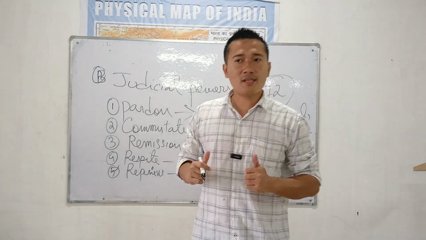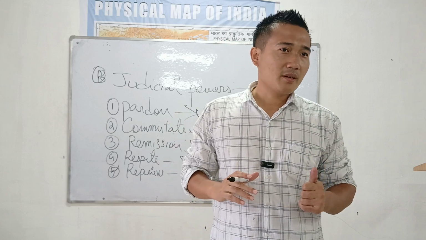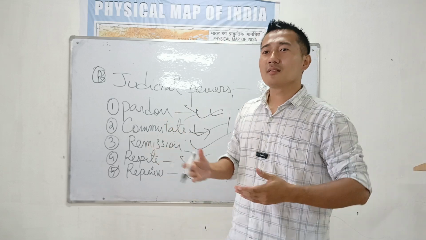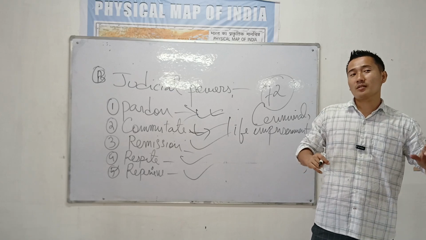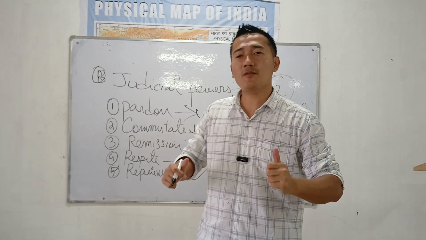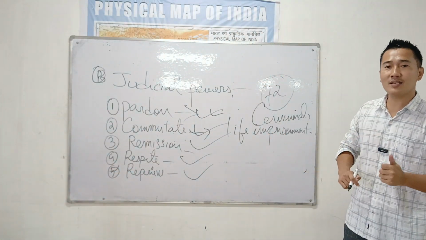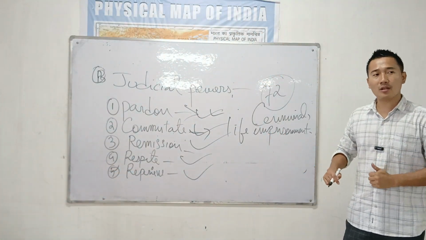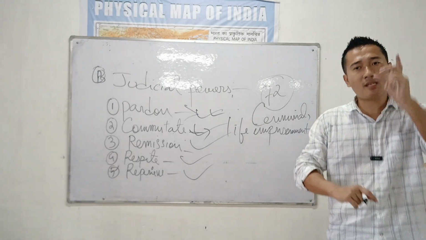You are still going to stay in jail, but this is much better. Instead of hanging, the President said, replace the hanging judgment with life imprisonment. Much better. You are still going to live in this world. So second, the President can give you leniency, mercy. It's a mercy petition. Article 72 is only about the mercy petitions to the President of India.